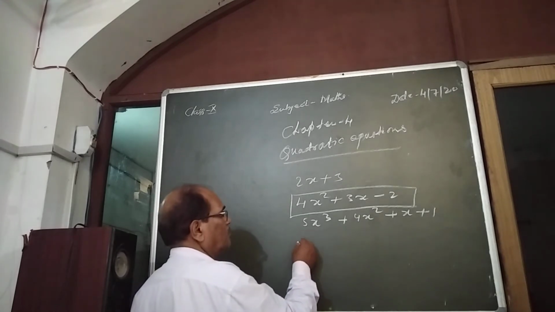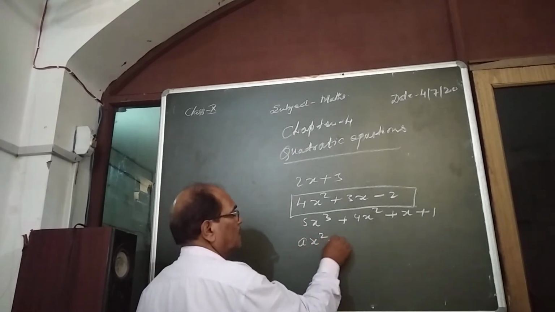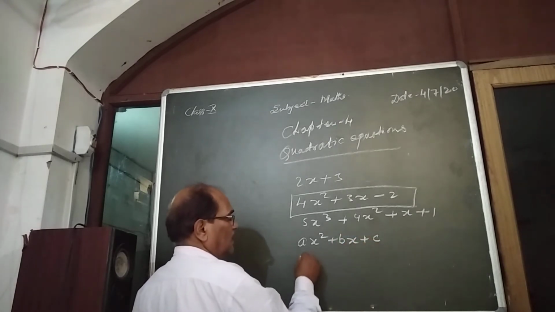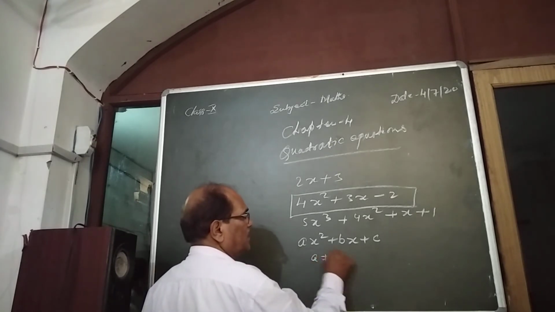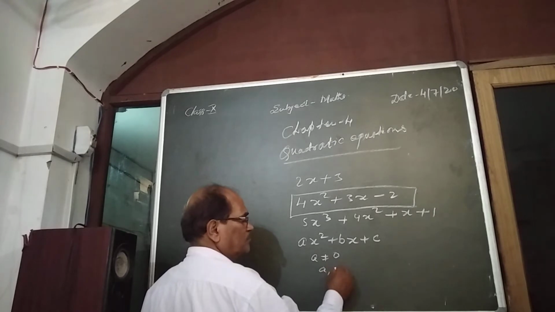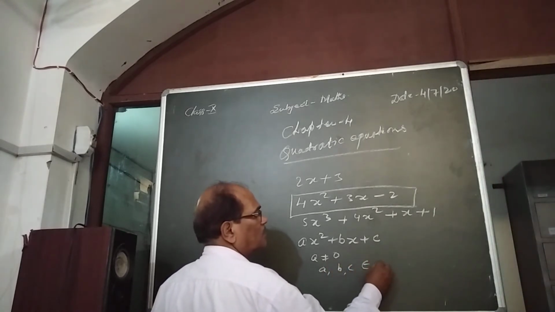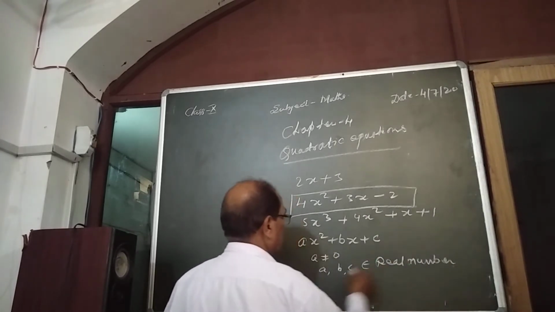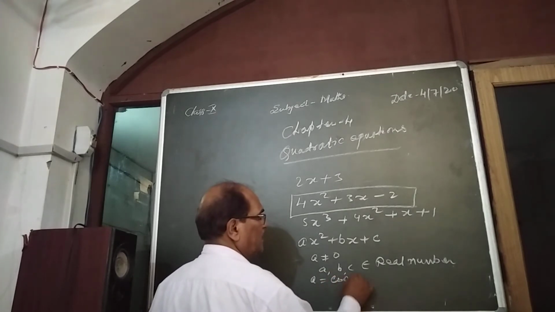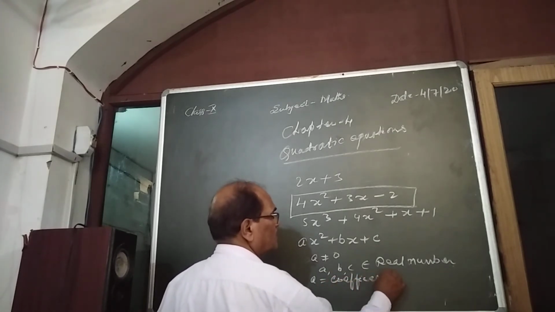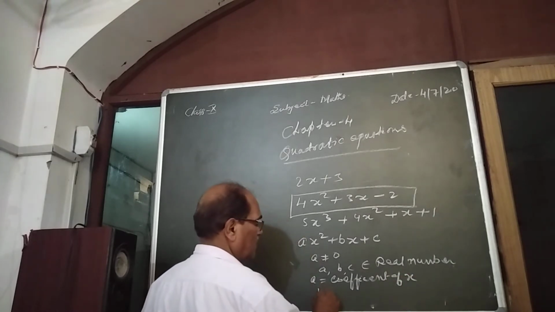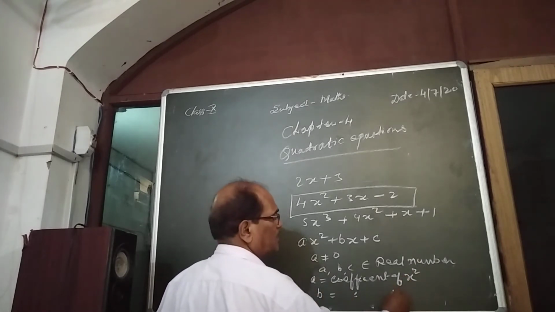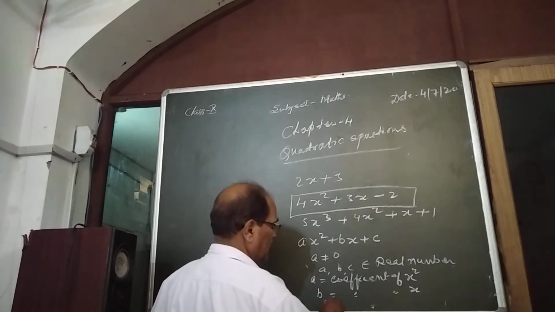The standard form of a quadratic polynomial is ax square plus bx plus c, and here a should not be equal to 0. a, b and c belong to the real numbers. a is the coefficient of x square, b is the coefficient of x, and c is the constant.